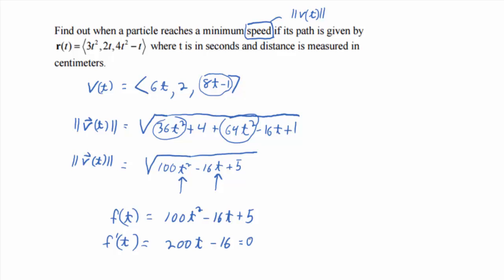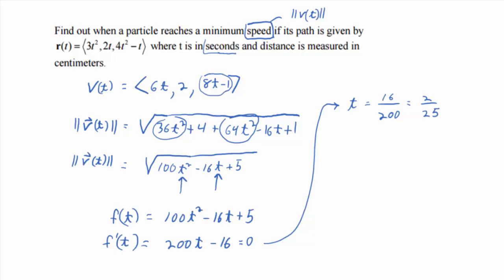And you're essentially finding the first coordinate of the vertex of that parabola when you do that. So what do you get? You get t equals 16 over 200 maybe, which reduces to what? 2/25.